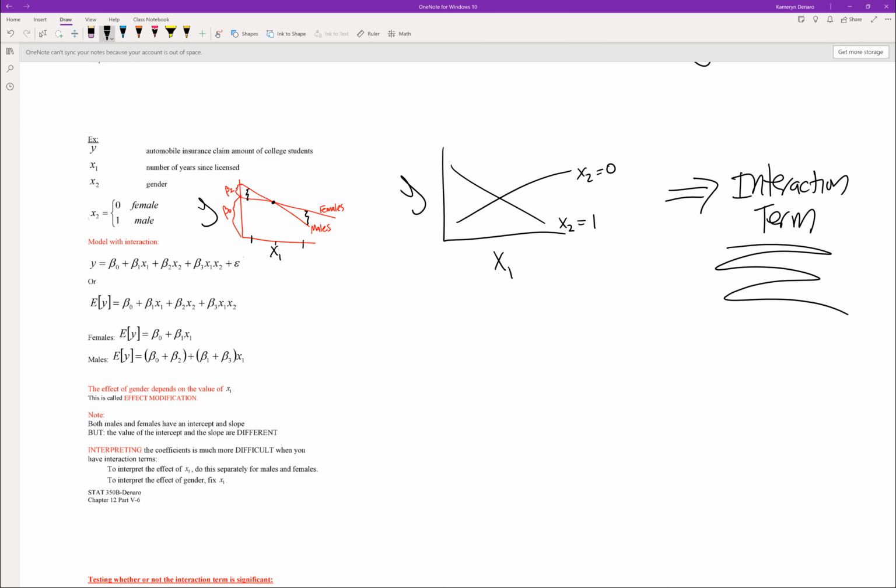So if we write out our equations, for males, take the whole equation.